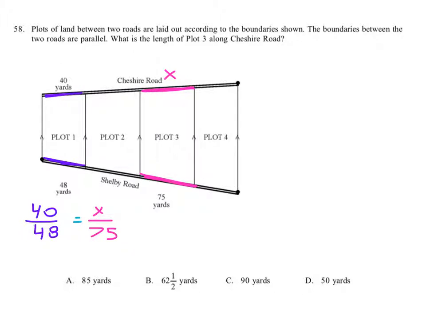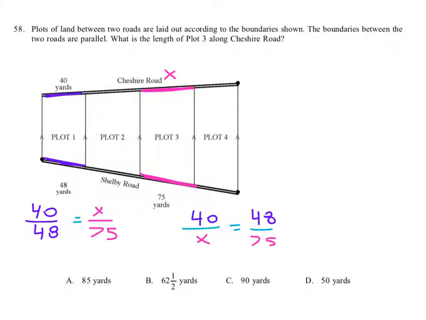You could also do it from one to the other. You could say the plot 1 along Cheshire Road, 40, is to the plot 3 along Cheshire Road, x, which is equal to plot 1 along Shelby Road, 48, over plot 3 along Shelby Road, 75.